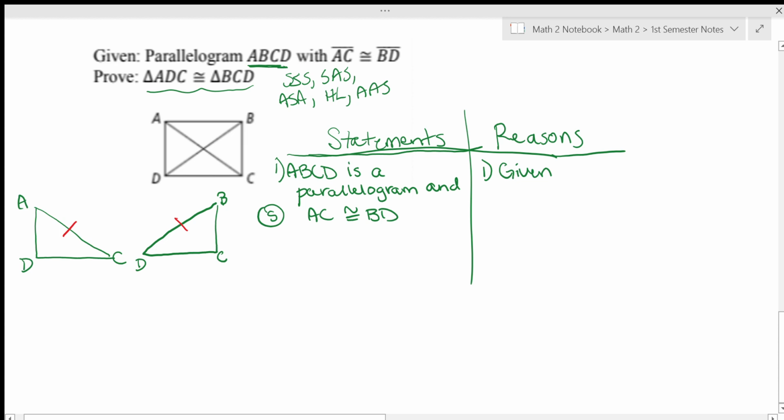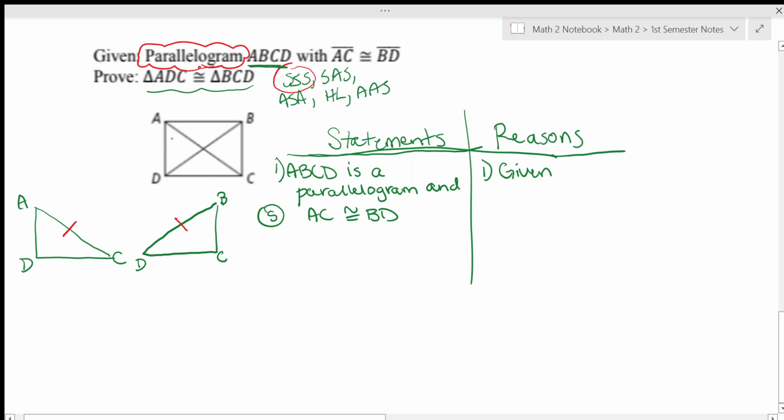Okay, now a couple different ways we can go here. There's actually a lot of different ways we can go here because we could state that this is a rectangle, but we're going to go ahead and just work off of our sides. So I'm going to aim for side, side, side here because I know that a parallelogram has opposite congruent sides.